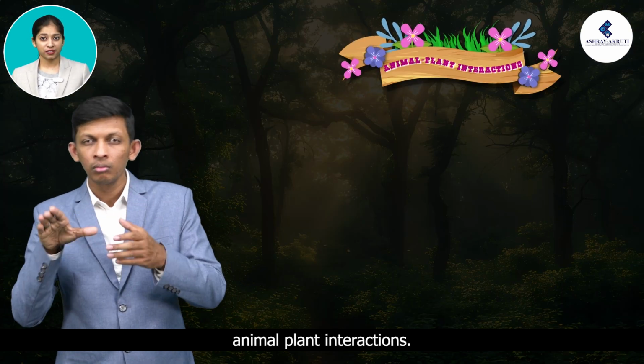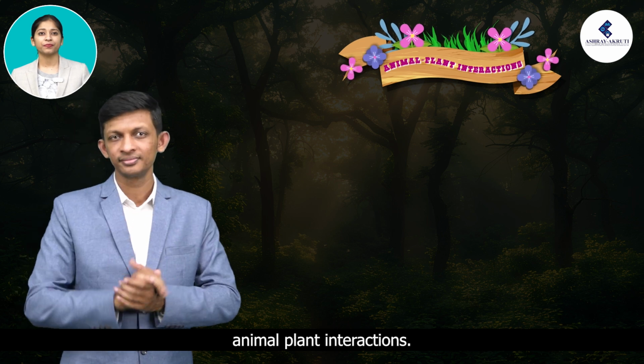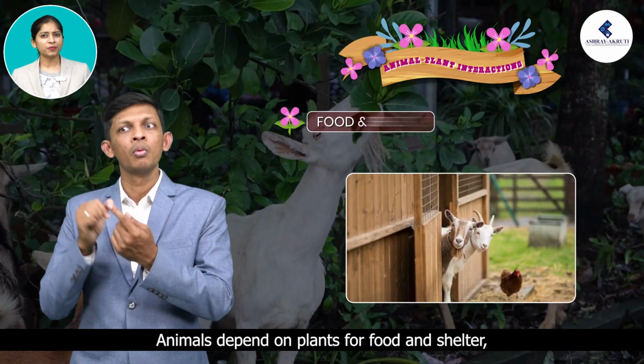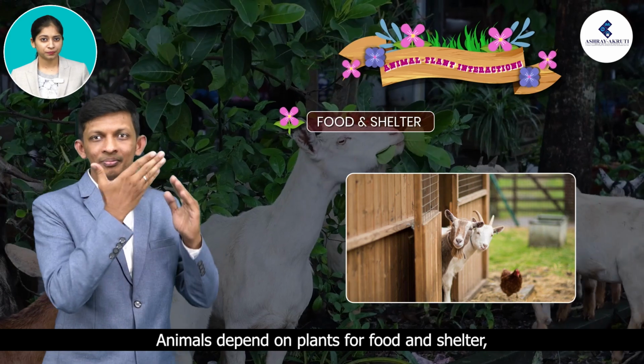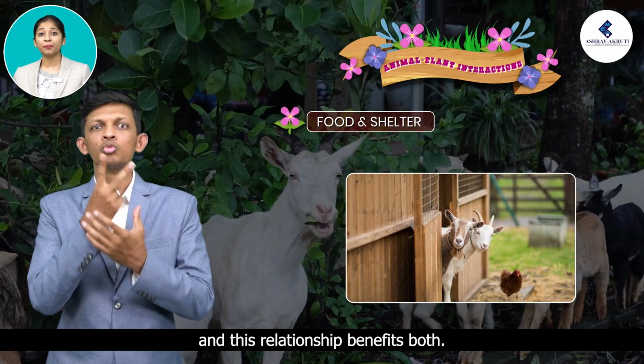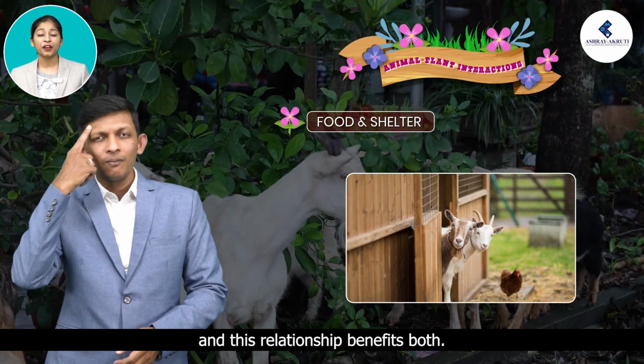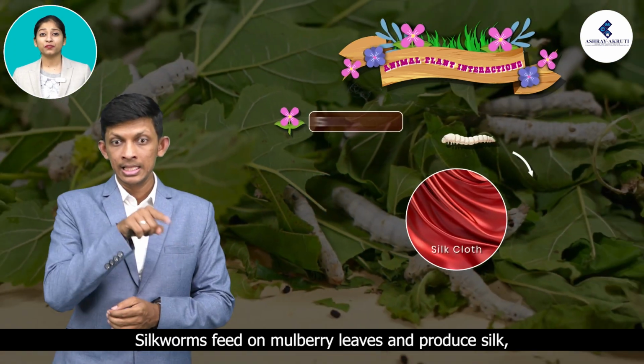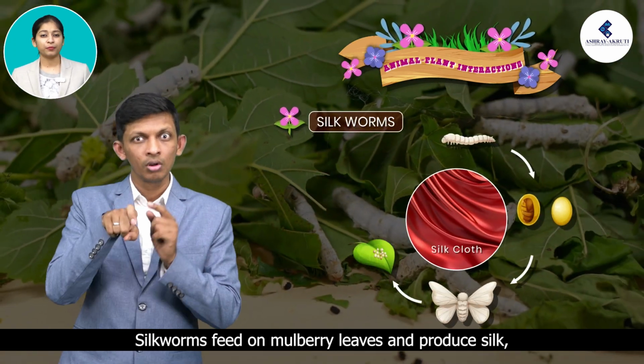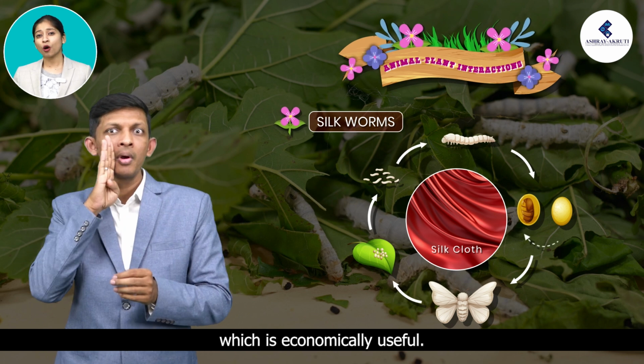Animal-plant interactions. Animals depend on plants for food and shelter, and this relationship benefits both. For example, silkworms feed on mulberry leaves and produce silk, which is economically useful.